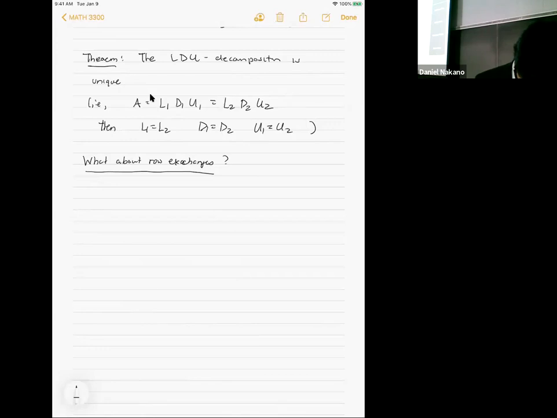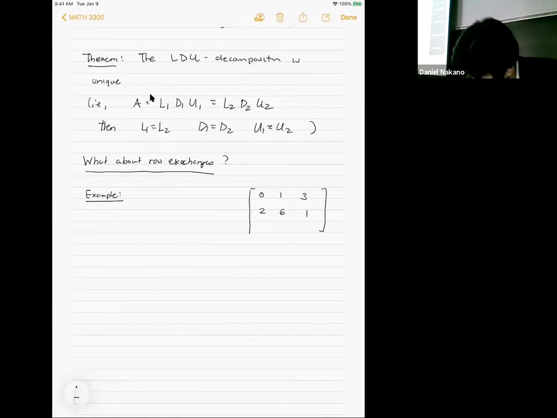So let me give you an example. I'm going to write a matrix over here for which you need a row exchange. So 1, 0, 1, 3, 2, 6, 1, 5, 1, 2.